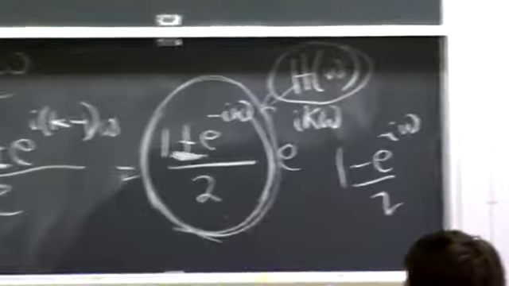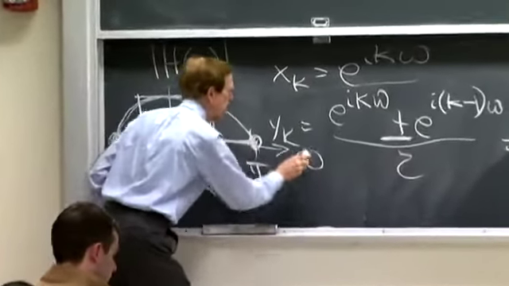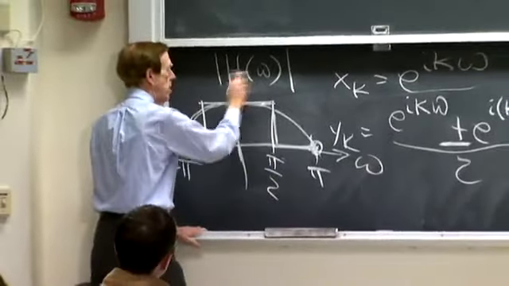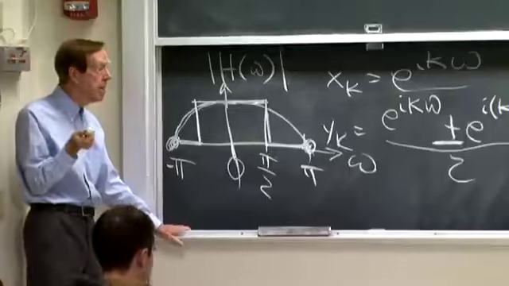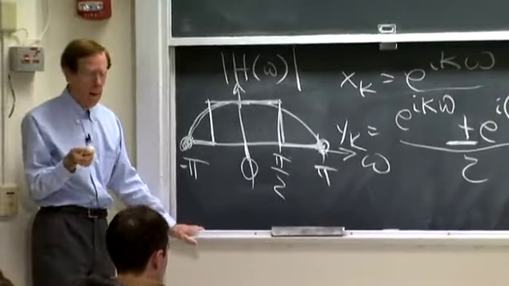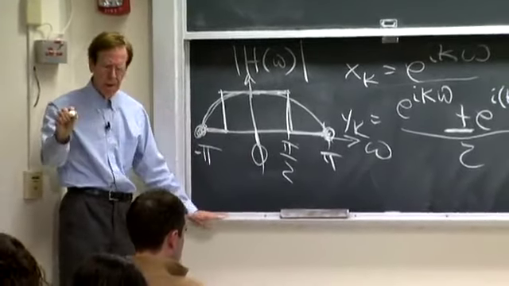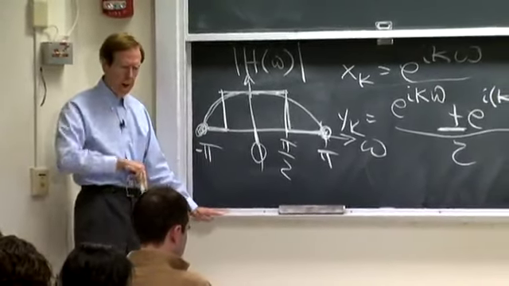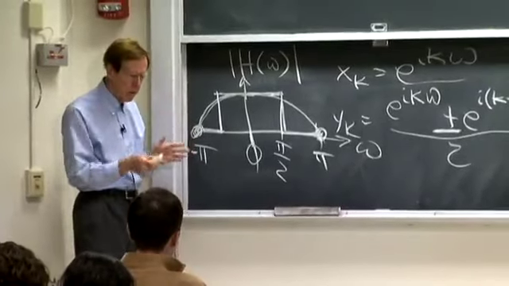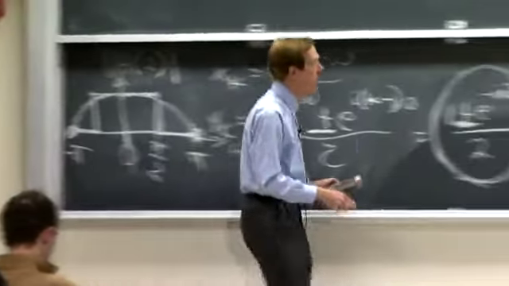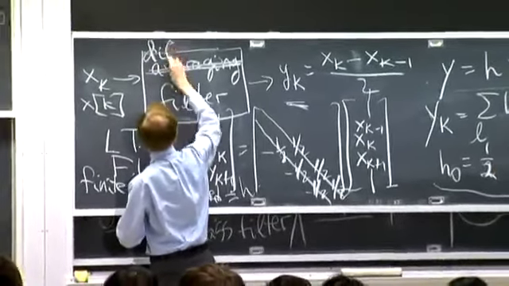This is omega in this direction, and this is h in this direction. At omega equals 0, what's my high-pass guy? When I send in 0 frequency, constant, I get what output? Zeros. I'll call it a differencing filter. Instead of averaging, I'm differencing.